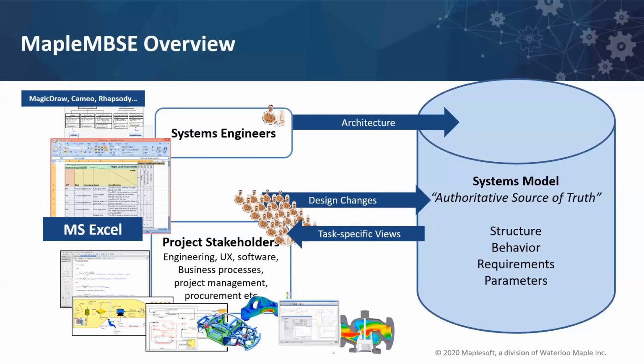So MapleMBAC provides an Excel interface for the project stakeholders to interact with the system model. The system model could be from different tools and different modeling languages. In today's webinar, we are going to specifically see SysML, with a model that I've developed using Cameo Systems Modeler.